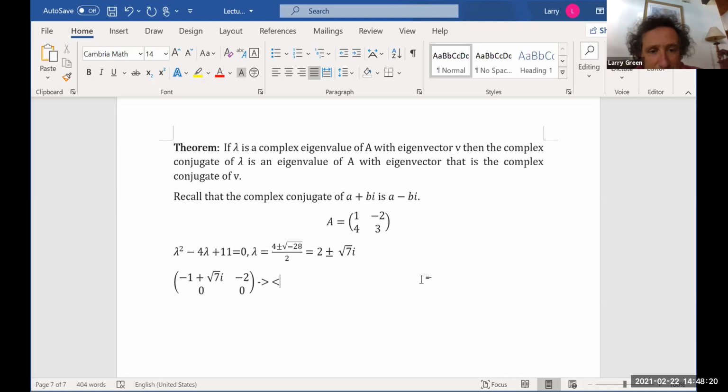And if I set the free variable to 1, then what do I get for the vector? Something comma 1. It's kind of messy, but that's okay. You get -2 over -1 plus root 7i, comma 1. Kind of messy.